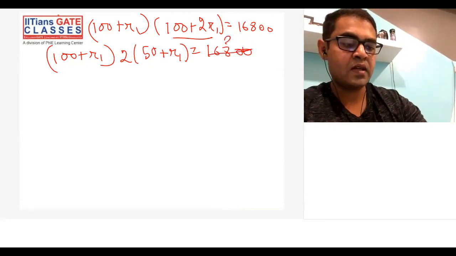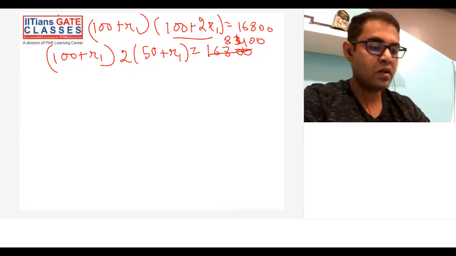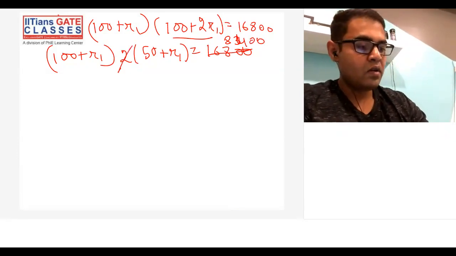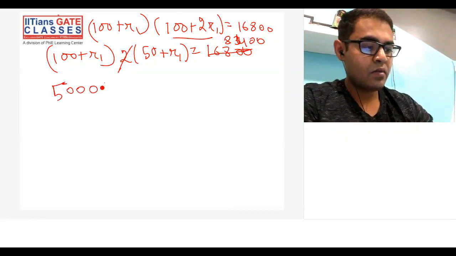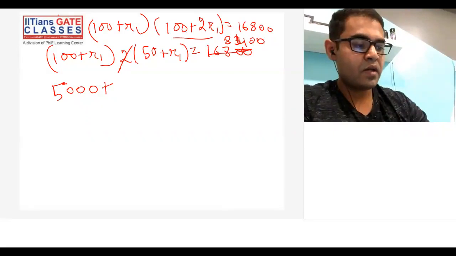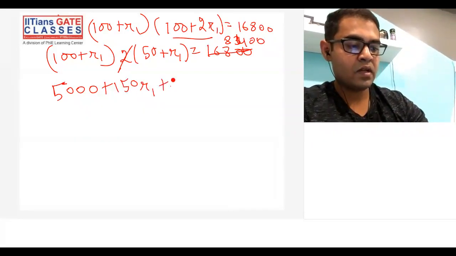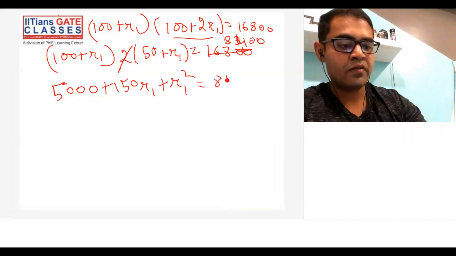This becomes 8400, not 8300, 8400. Now I'll just multiply. So this becomes 5000 plus this is 100 R1 plus 50 R1. This is 150 R1 plus R1 square is equal to 8400.